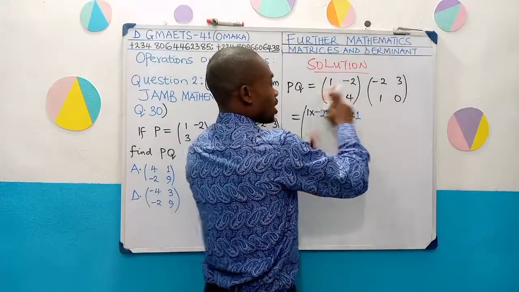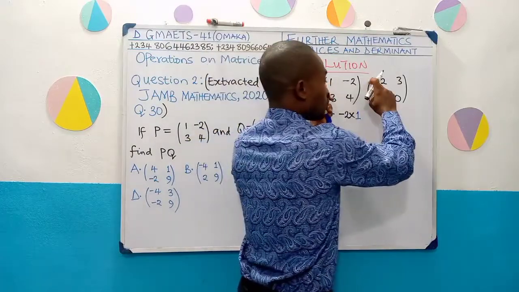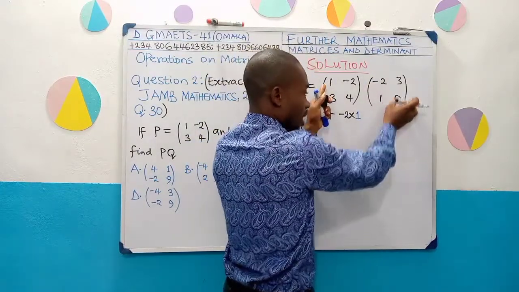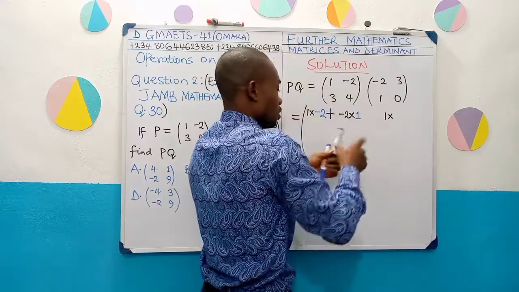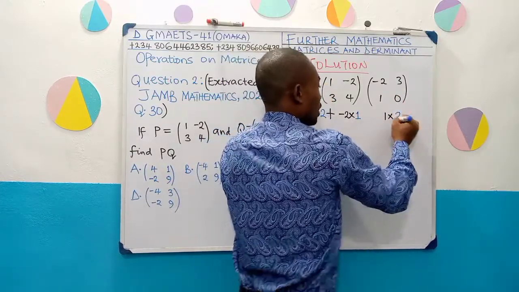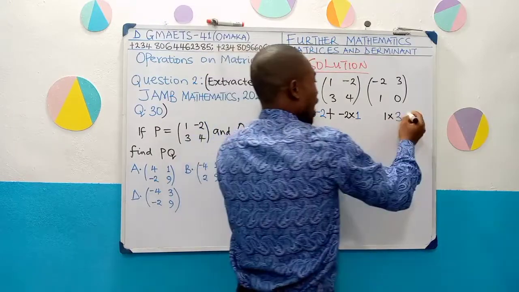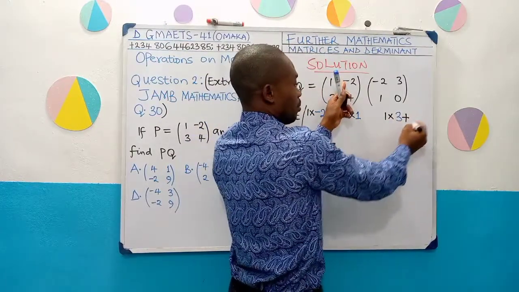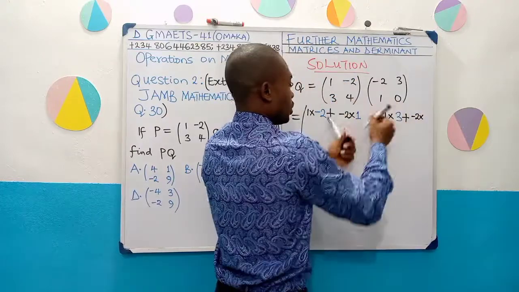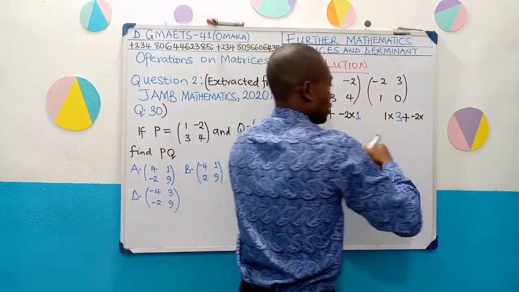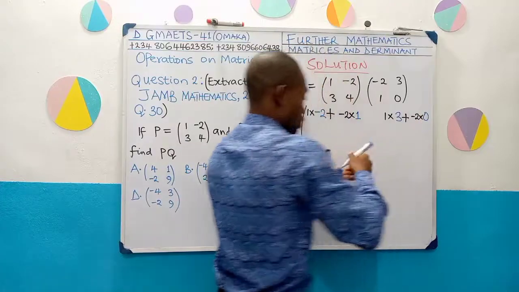So 1 times the first element down this column, 1 times 3, then I add this to -2 times the second element here, which is 0.